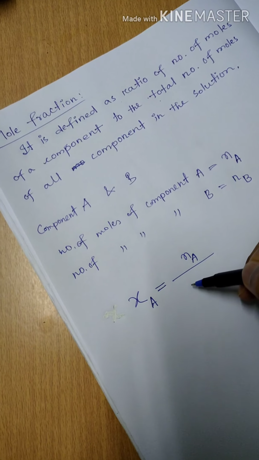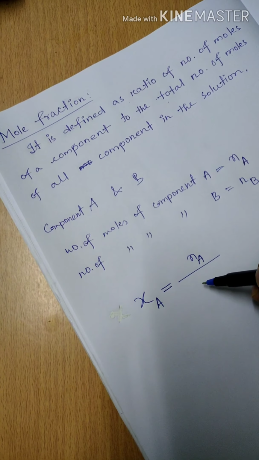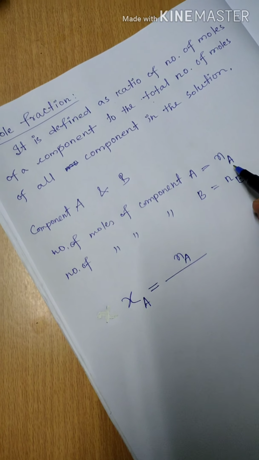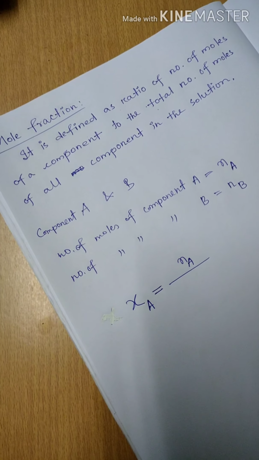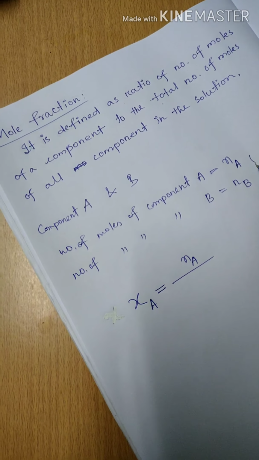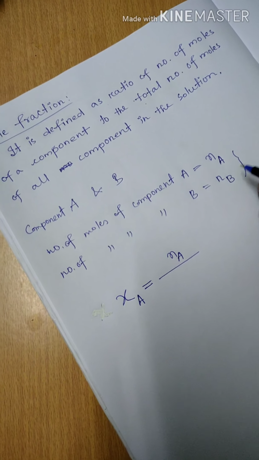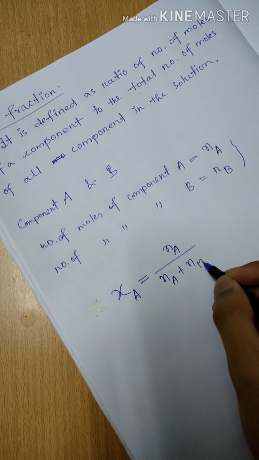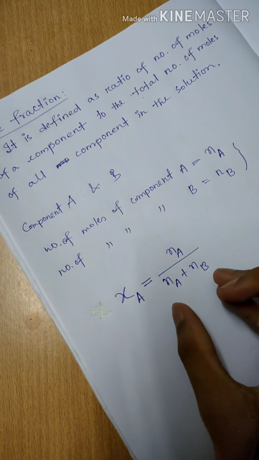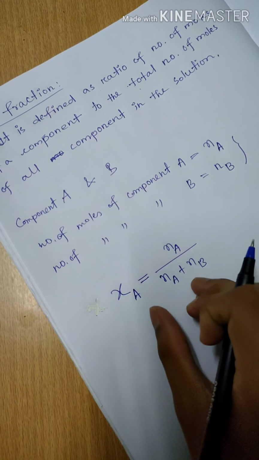So in the denominator we have to write the total number of moles. Here two components are there, so the total is Na plus Nb. So this is the mole fraction of component A.